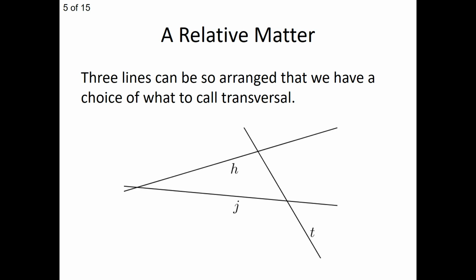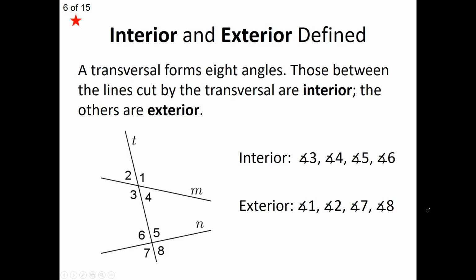If I picked line T to be the transversal, that means J and H are the non-transversals. However, if I picked J to be the transversal, then H and T become the non-transversals. And lastly, if H was the transversal, then J and T would be the non-transversals. So again, it's a relative matter. It depends on which line we call the transversal first.